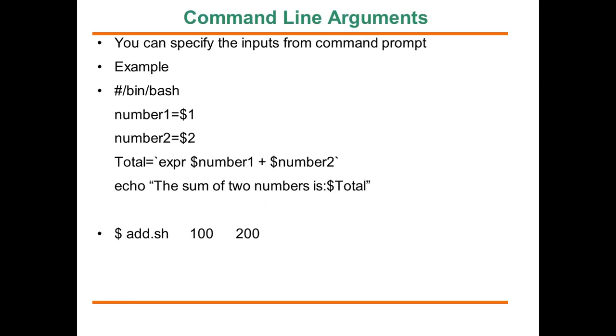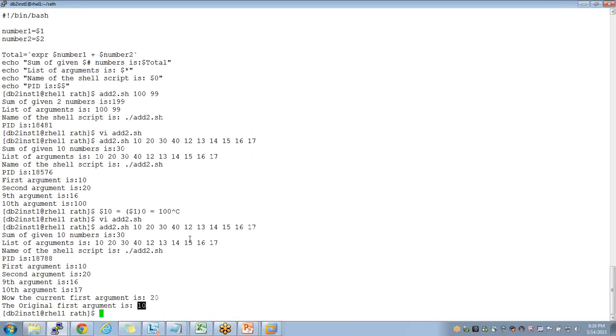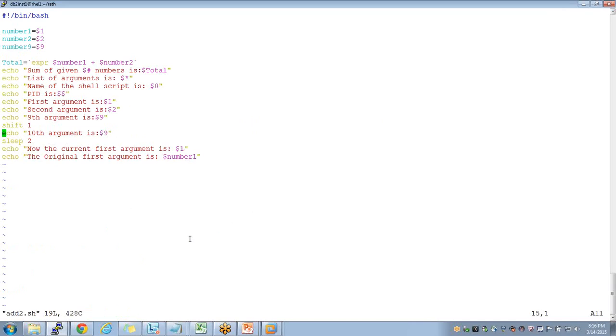So in the above example, if I keep doing shift 1, all I could do is read the first one always. But in reality, what we do in the script is simply shift by 9.